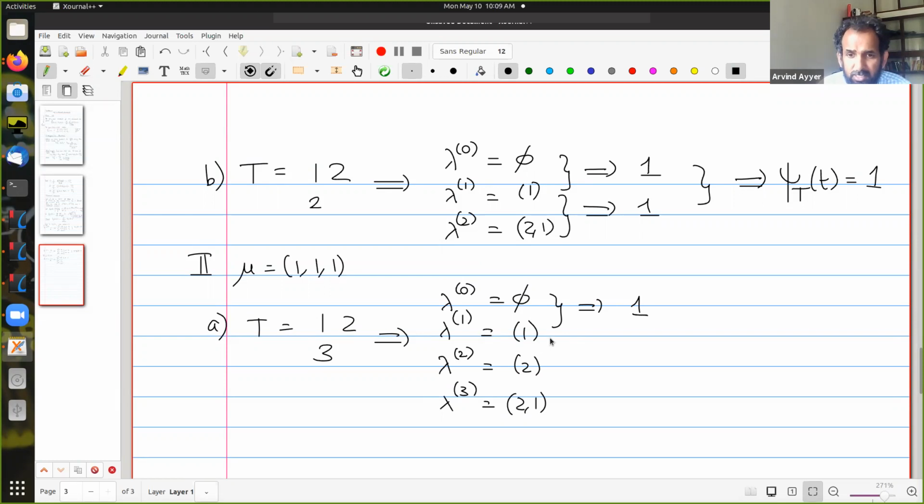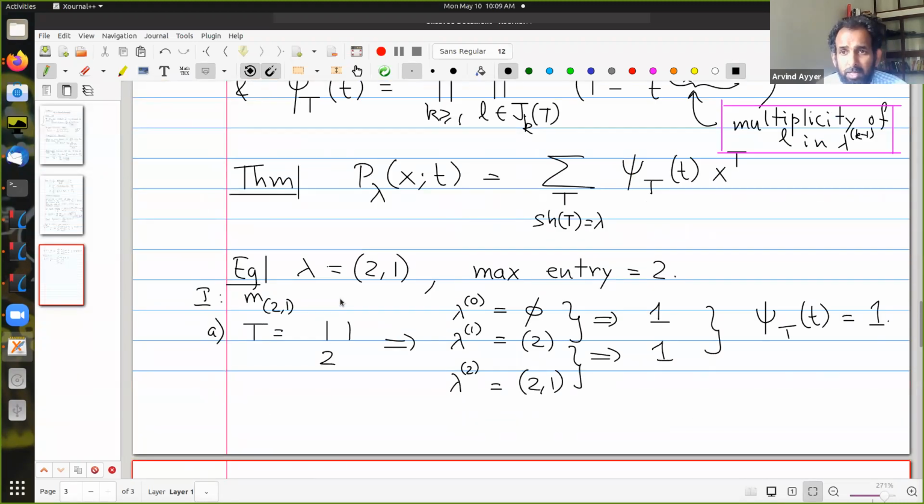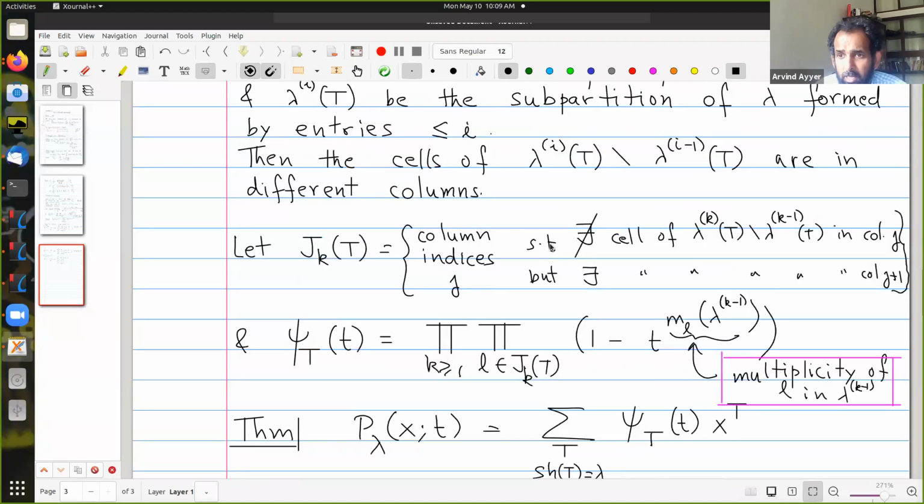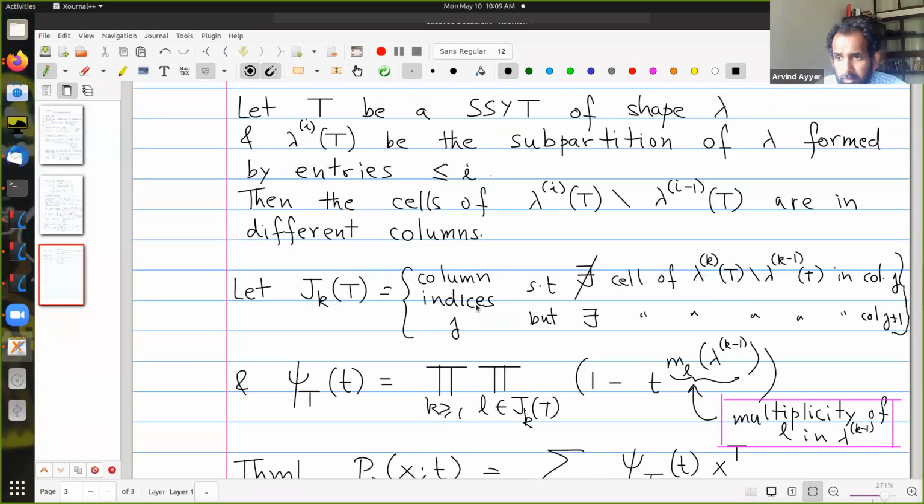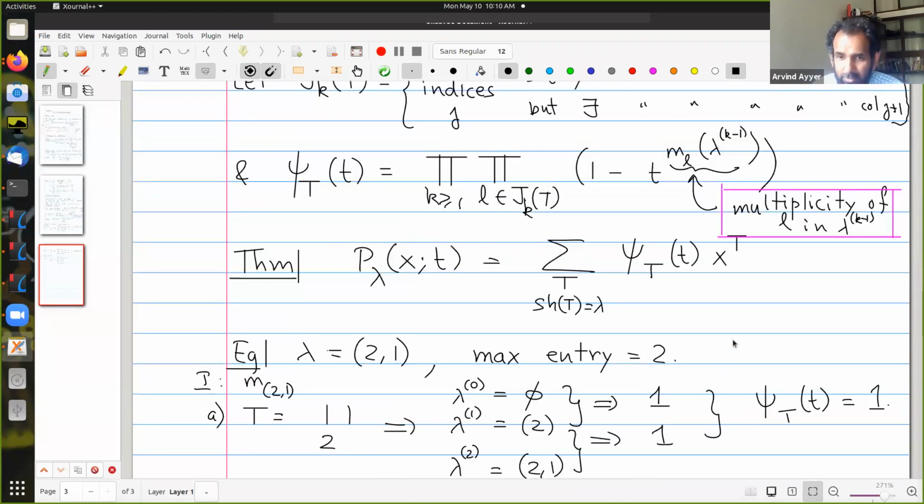Here is where the first interesting thing happens. Because the new cell is over here. That means, if you go back here, when I take k equal to 1, there is no cell in column 1, but there is a cell in column 2. And for every such index j, I have to take the multiplicity of 1 in lambda super 1.